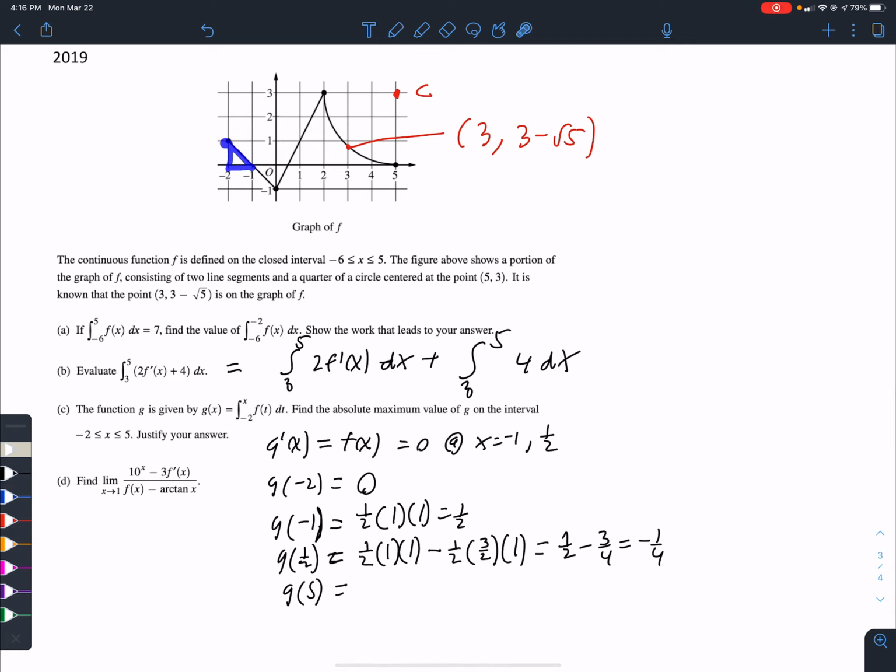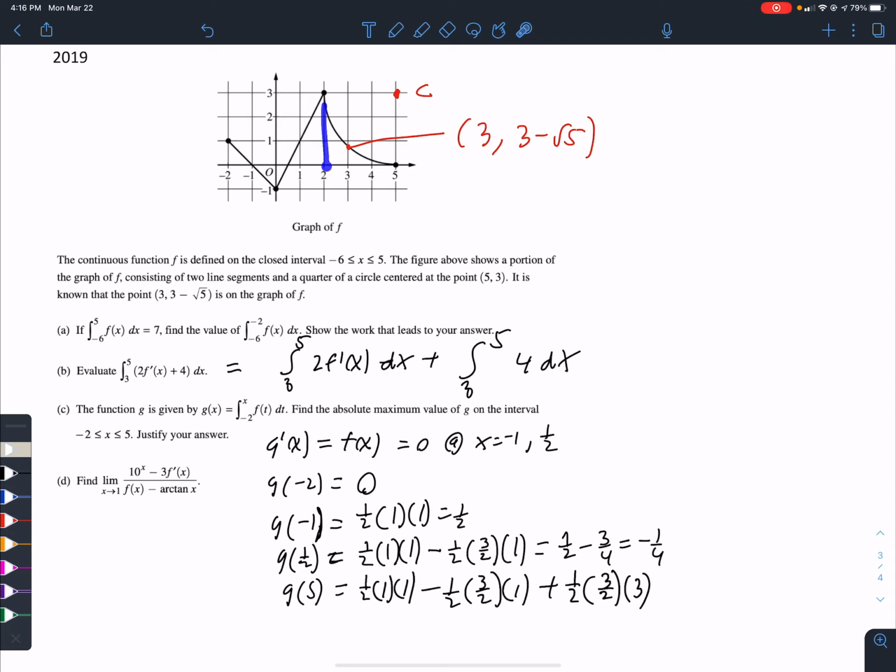So that's going to be +1/2, so it's 1/2 base times height, minus 1/2 base is 3 halves by 1. We did that earlier. Plus, now we're going to do this triangle. Again, the base is 1.5 and the height's 3, so it's 1/2, the base is 1.5 and the height's 3.